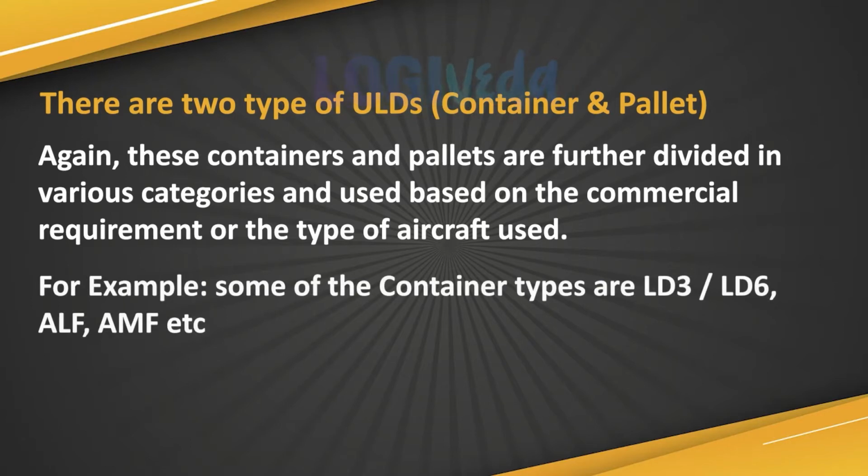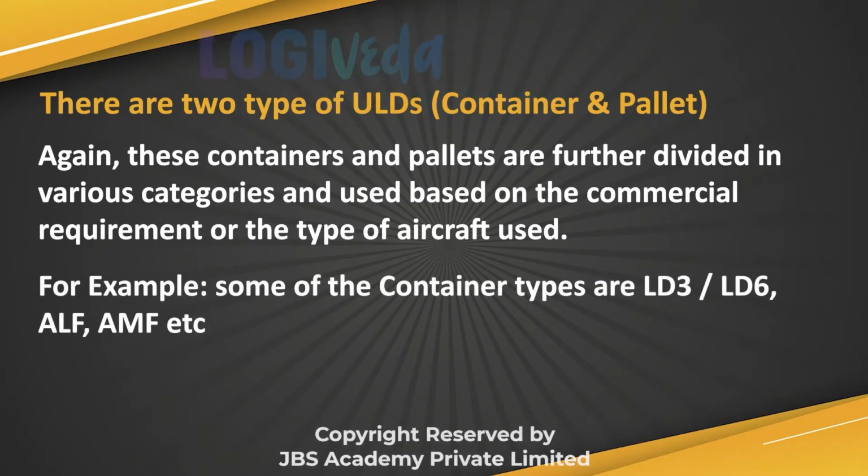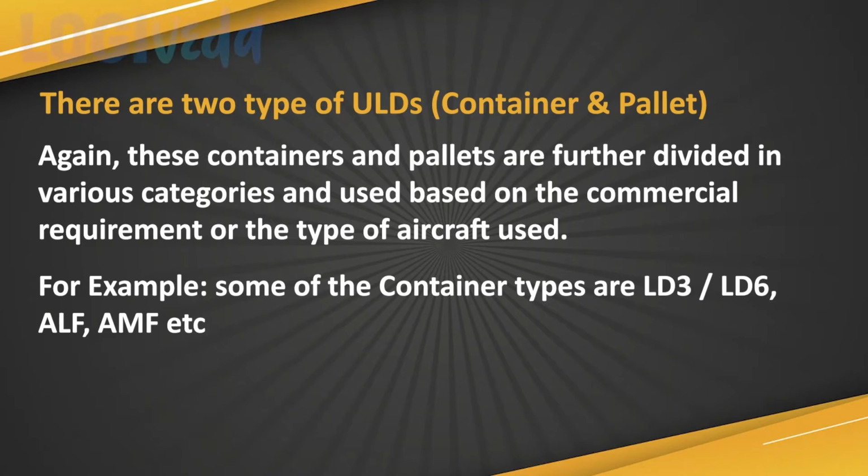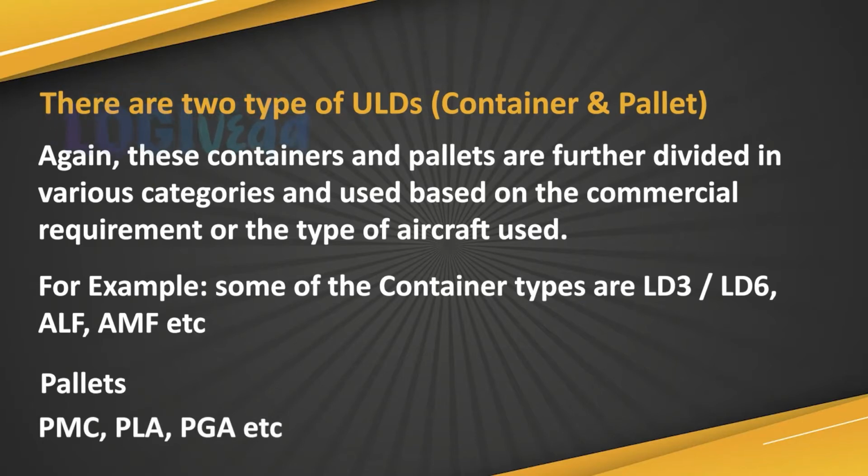For example, some of the containers which may be categorized by the airline are LD3, LD6, ALF, AMF, etc. Same way, for the pallets, there are PMCs, PLA, PGA, and many more.